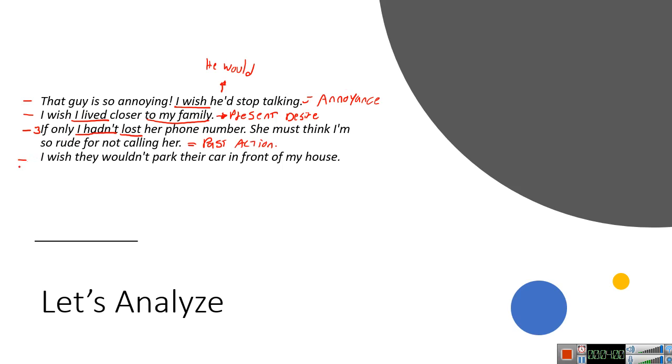Now, I wish they wouldn't park their car in front of my house. This one is different because now I wish something in the present. You see, they wouldn't park. I have the wouldn't and the use of park. The car in front of my house. That could mean they're parking the car in the present, they've been parking it in the past, and even the future.